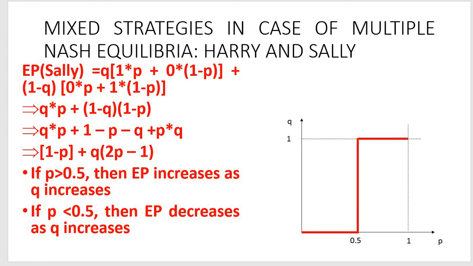And if P is above 0.5, then an increase in Q will be associated with an increase in expected payoff for Sally, so she would rather choose Q as high as possible. And if P is exactly equal to 0.5, then she is just indifferent.